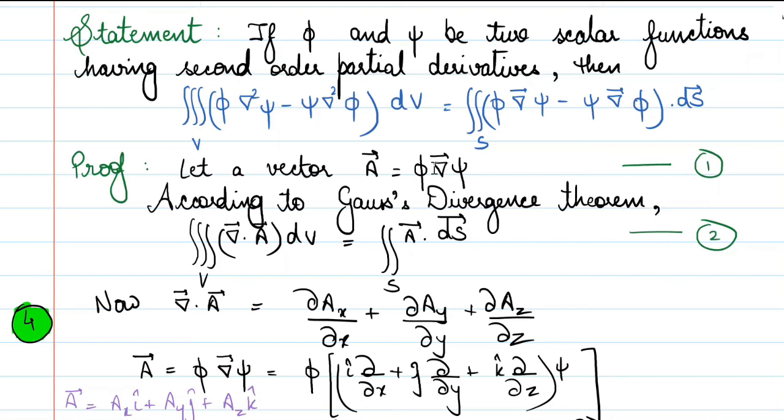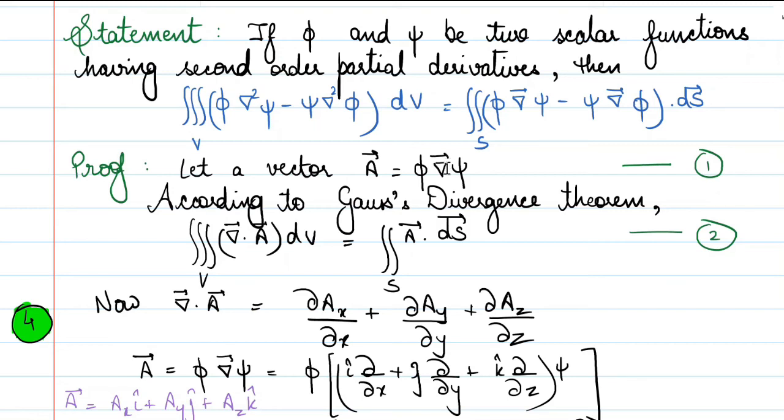When del operator acts on any scalar function, this is basically a gradient, because when del operates on a scalar quantity, then that expression becomes gradient. We cannot have divergence of a scalar quantity, we cannot have the curl of a scalar function. We can only have divergence of a vector function and curl too of a vector function.